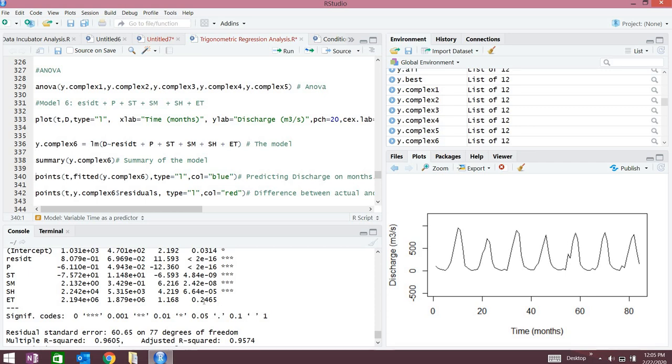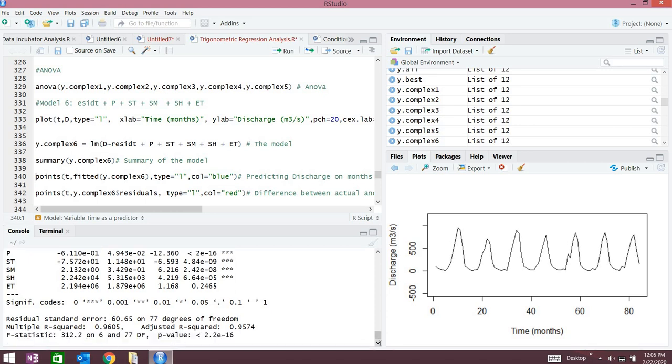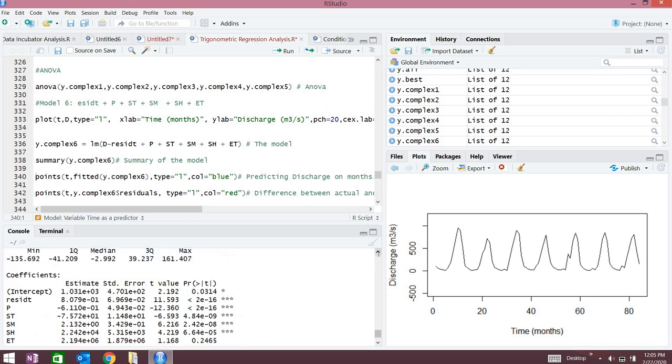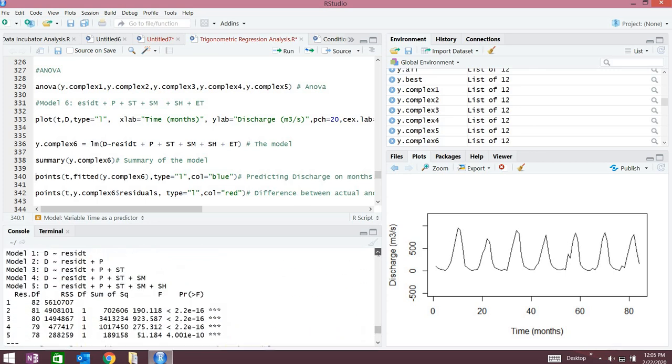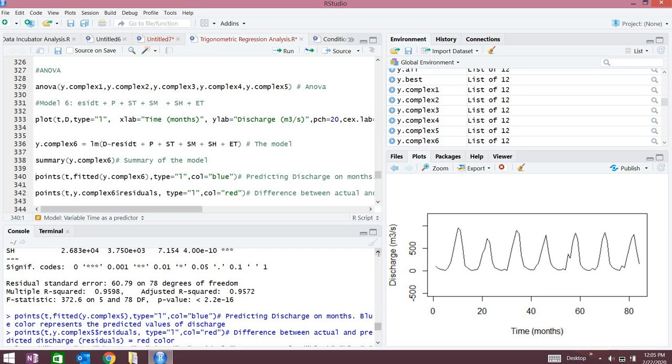Then SH, then ET, if I am not wrong. Okay, 95.74, which doesn't change too much compared to the previous one, which was 95.72, I think. Yes, very close.